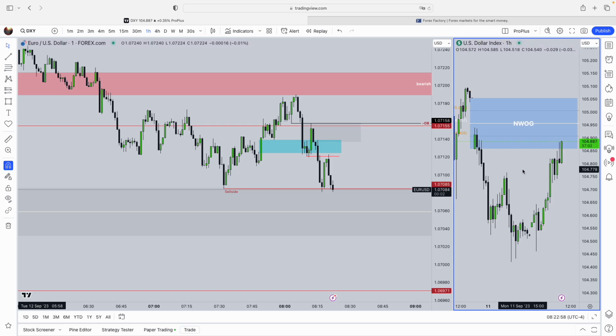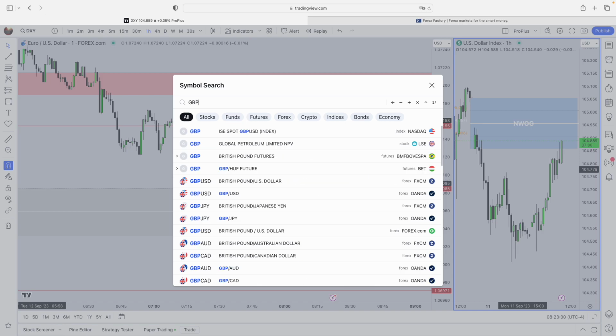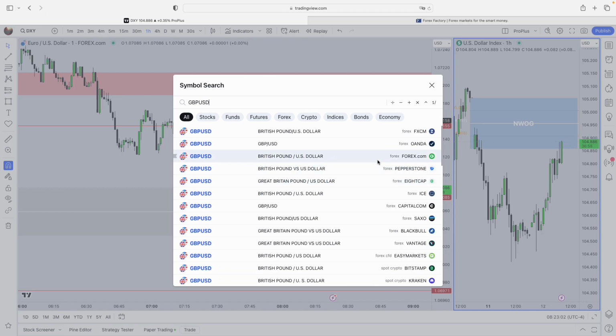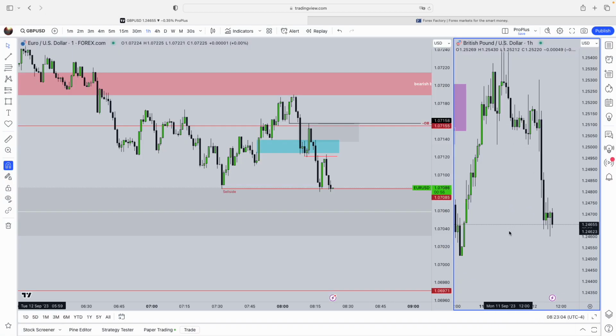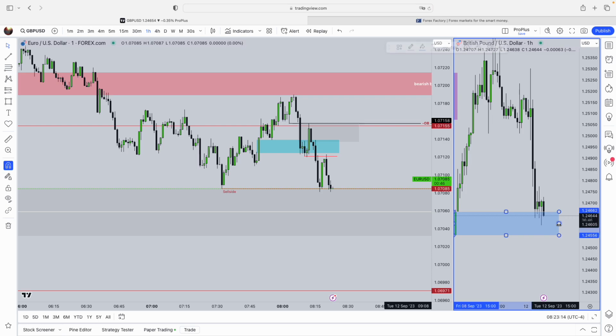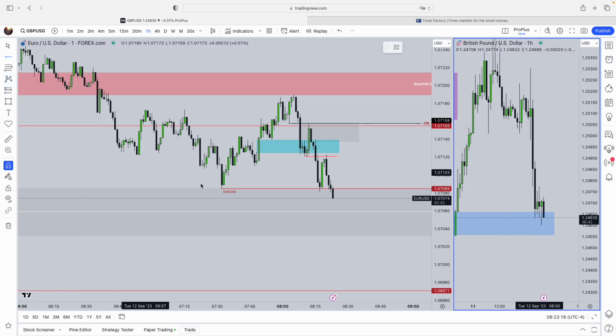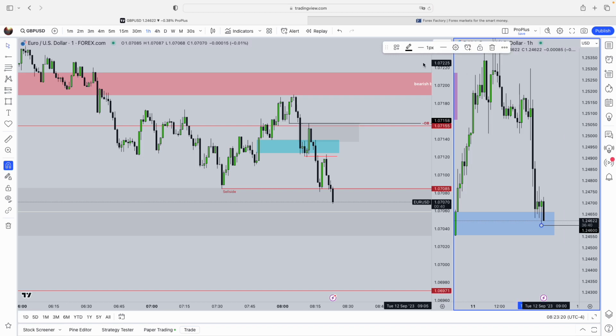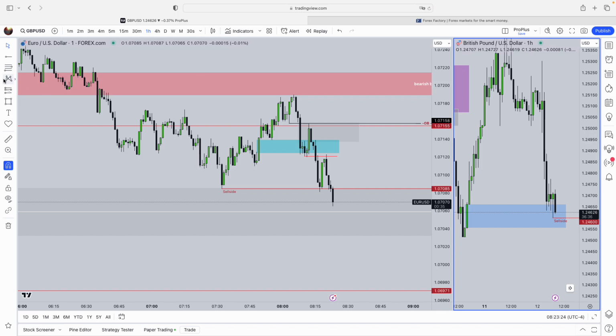Take a look at cable. Take a bit up here, sell side. So I may want to run into this and get the consequent encroachment as well.